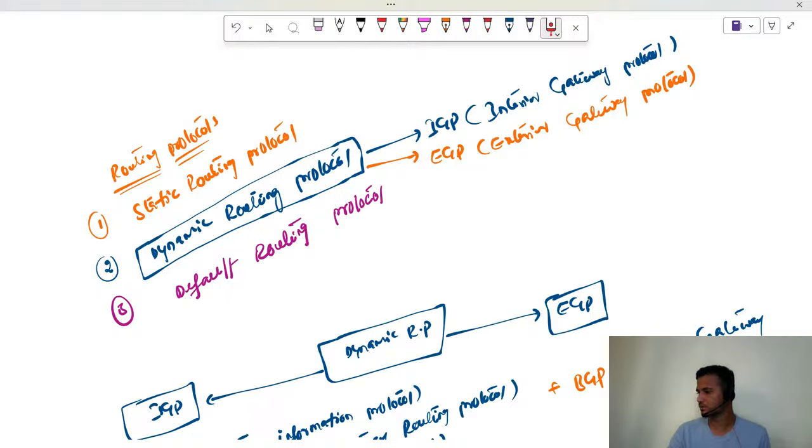So we'll discuss the static routing, guys. If you want to become a network engineer or a security engineer, you should have knowledge about these routing protocols. Without knowledge of routing and switching, you will not become a good security engineer or cyber security engineer, because you should know how to build the infrastructure first, then you learn how to protect it.